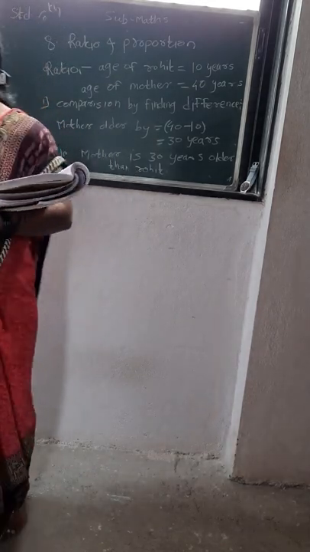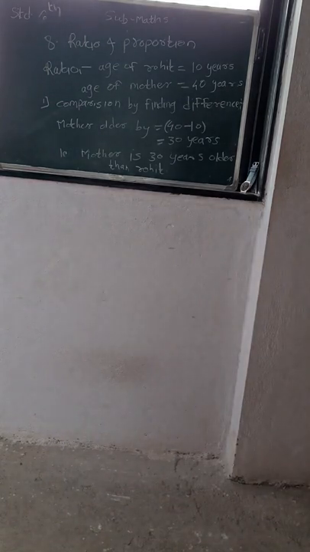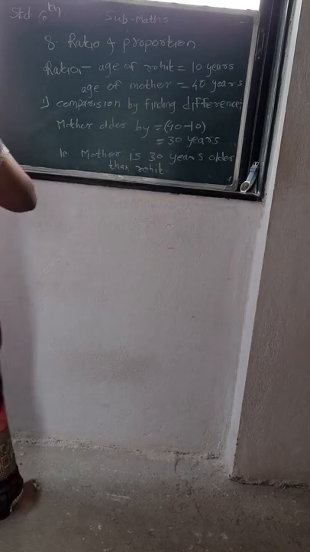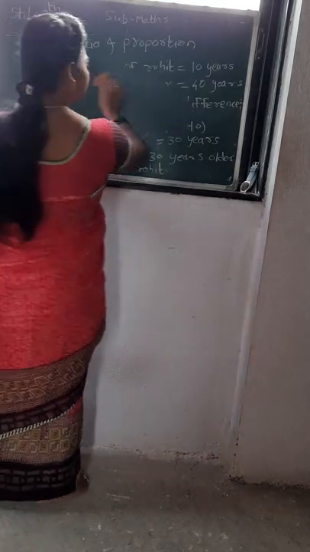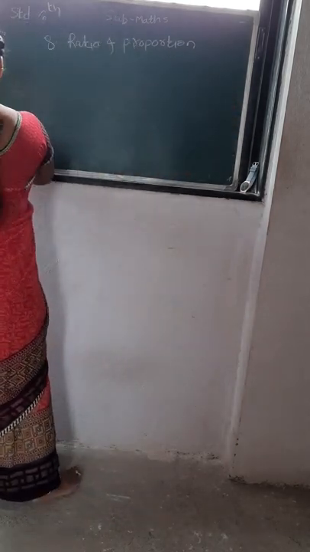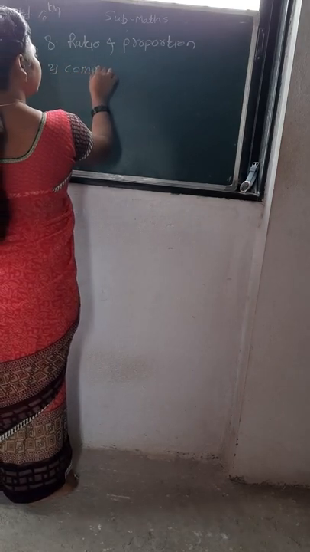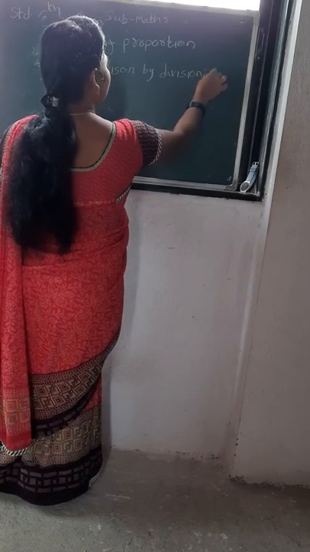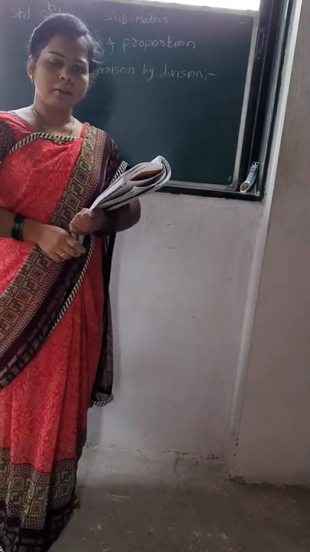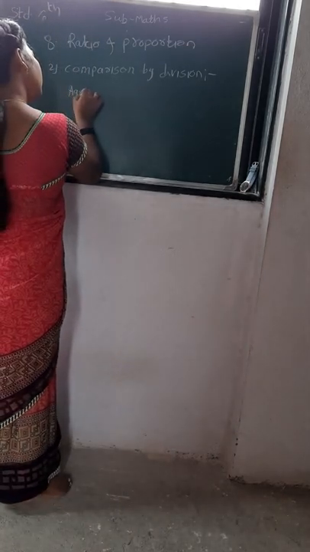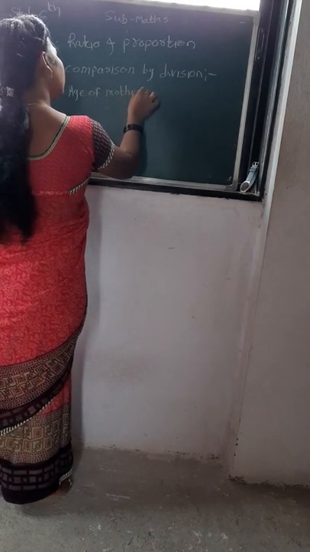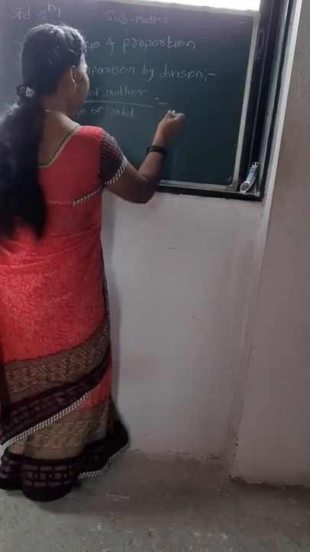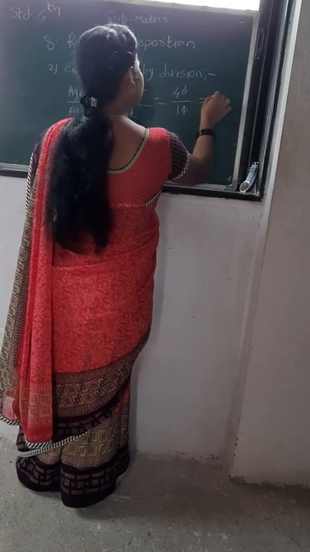Second one is comparison by division. Age of mother divided by age of Rohit is equal to 40 divided by 10 is equal to 4.